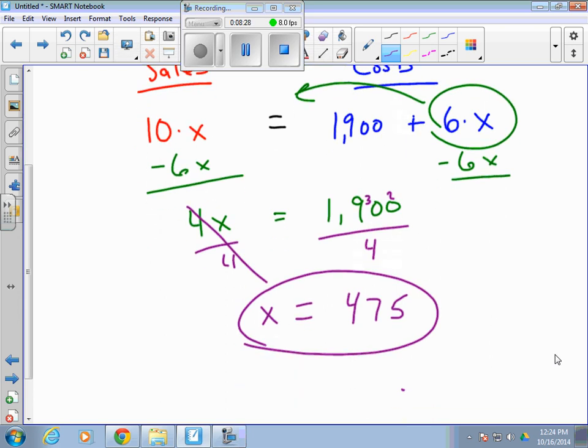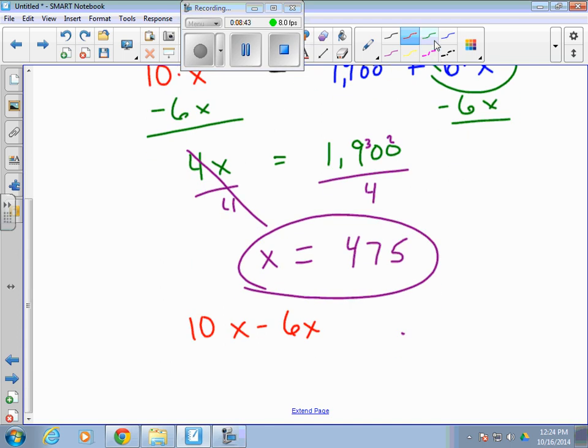Now, if he makes $10 for each camera, 10 times X, but it still costs him $6 to make them, you have to subtract 6X from 10X. So you know for each camera, he's going to make a profit of 4 times X. So if he sells 50 more cameras, you're going to multiply 50 times 4X would be an easier way to look at it.